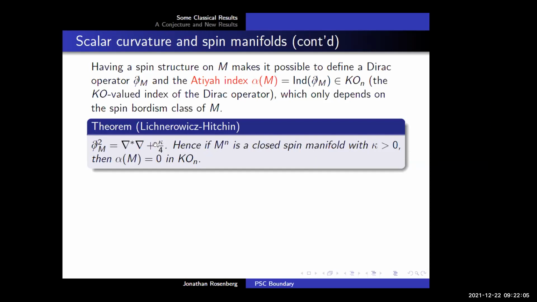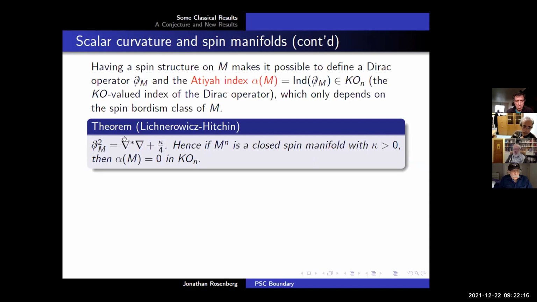If kappa is strictly positive, this thing over here is a non-negative operator. It's essentially self-adjoint, and its spectrum lies in the right half line.